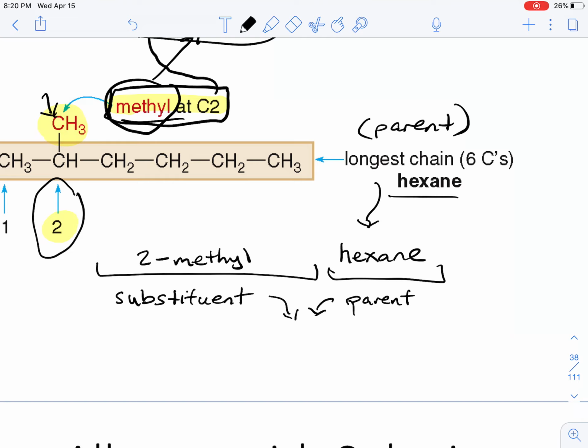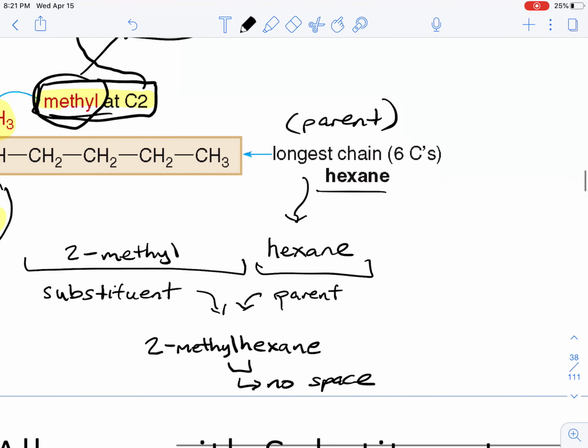And so the answer to this is going to be 2-methylhexane. Notice that there is no space between the substituent and the parent, since it's all letters.